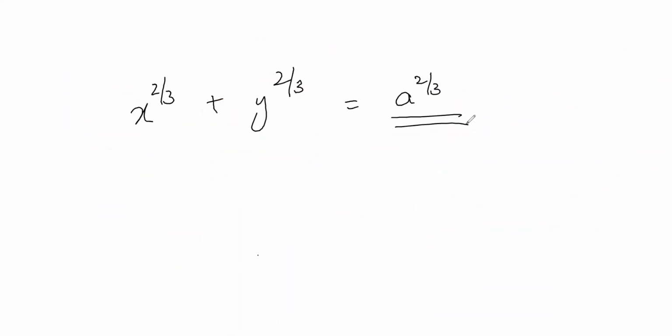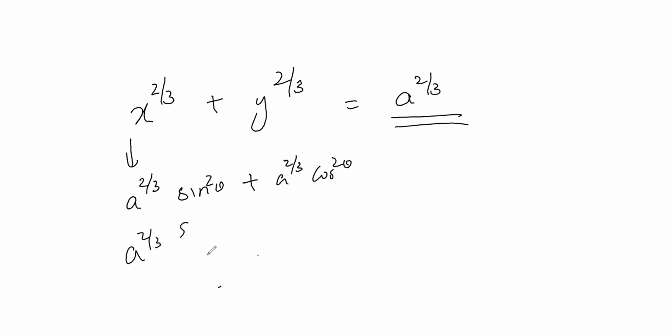A power 2 by 3 I should get. So for that, if I put x is equal to a power 2 by 3 sin square theta, plus a power 2 by 3 cos square theta, if I get a form like this, then I can take a power 2 by 3 into sin square theta plus cos square theta. So what is the value of sin square theta plus cos square theta? That is 1.